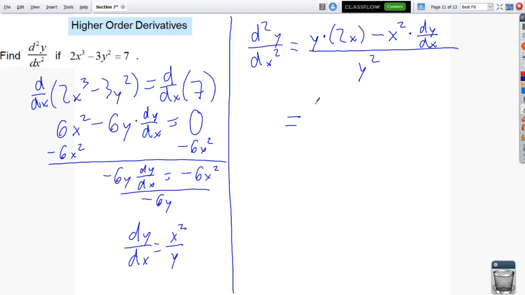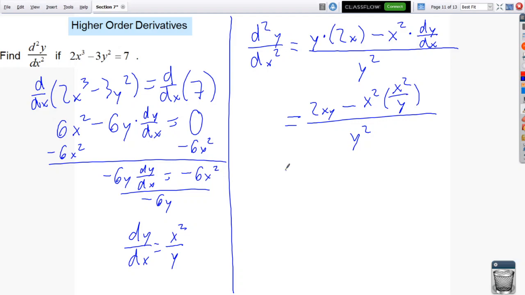So at the very least, y times 2x, I could call that 2xy if I want to, minus, and at the very least, it needs to be x squared times x squared over y, all over y squared. At the very least, that's what I need to see from it. Now, that doesn't look great because I have fractions within fractions.